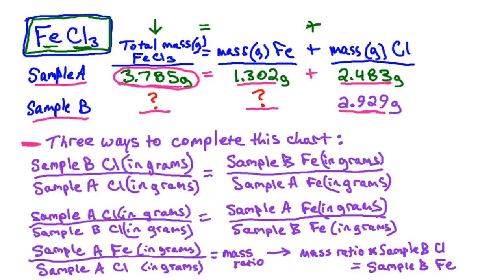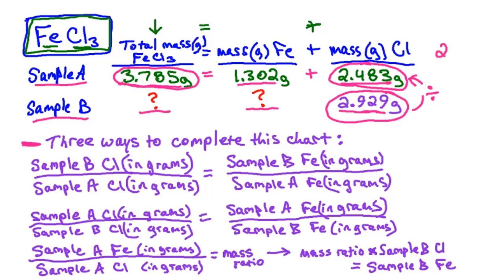The first way we can do it is to look all the way over here to the right of the table, and take sample B's chlorine amount, the 2.929, and divide that by sample A's mass of chlorine in grams, the 2.483.